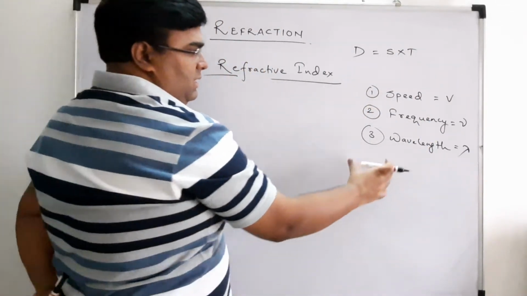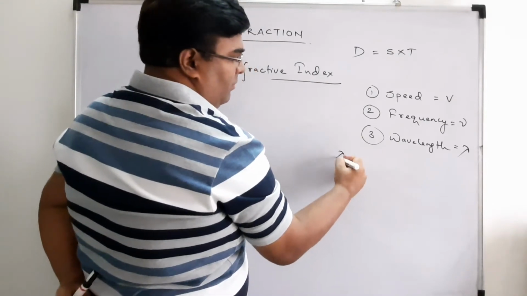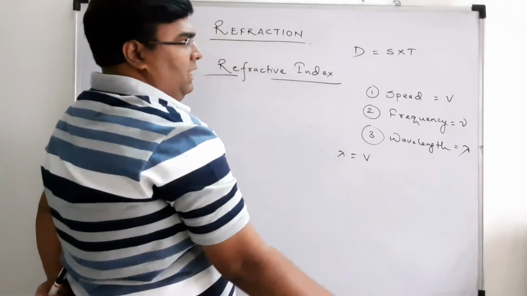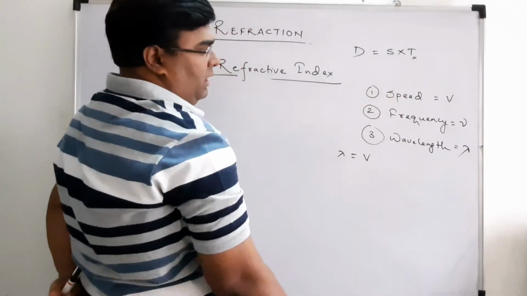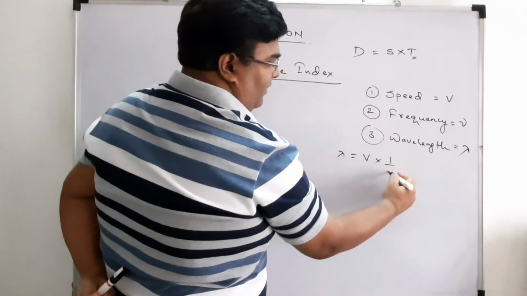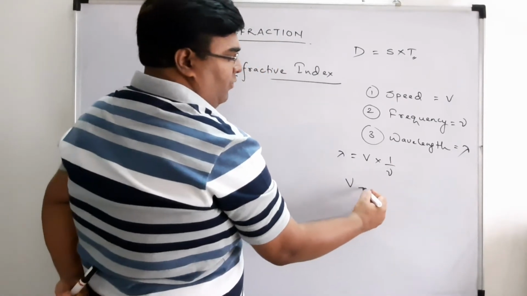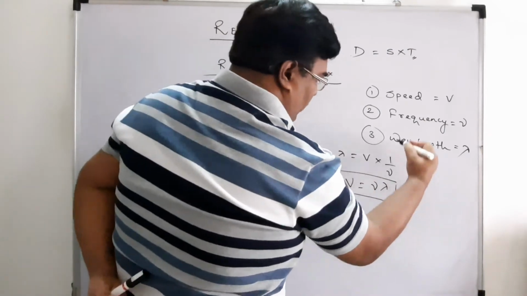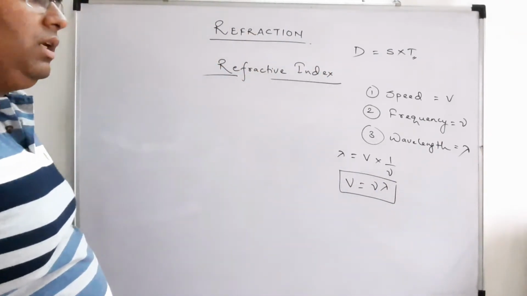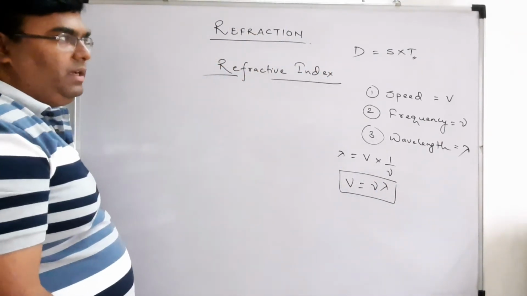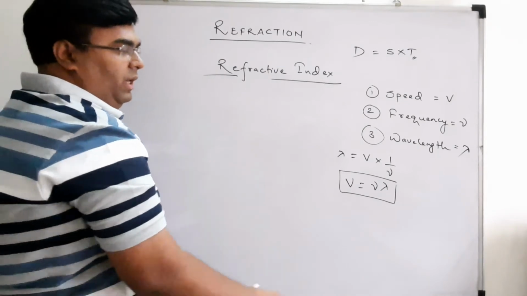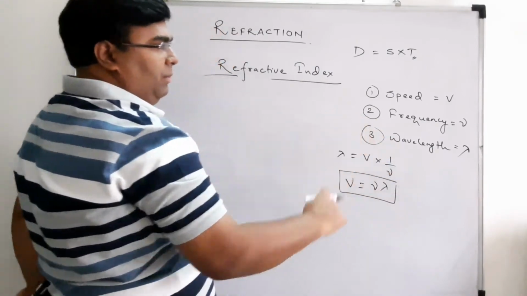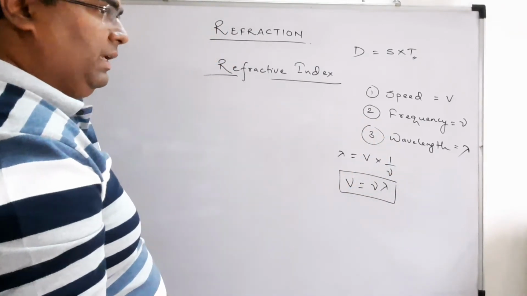So my distance is wavelength, speed is v, and time is basically 1 upon frequency. So we have one formula which is v is equal to nu lambda. Remember this formula always, that for any wave, speed is equal to wavelength multiplied by frequency, correct?